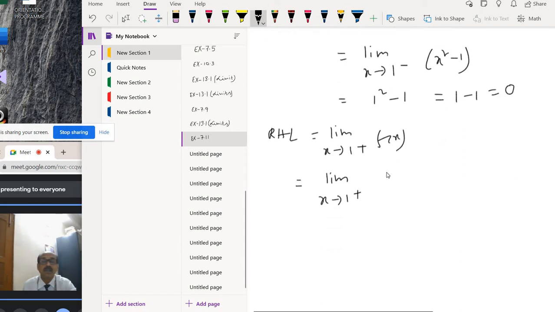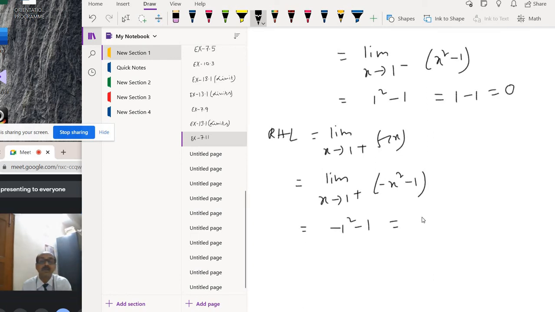This equals minus 1 square minus 1, which is minus 1 minus 1, which equals minus 2.